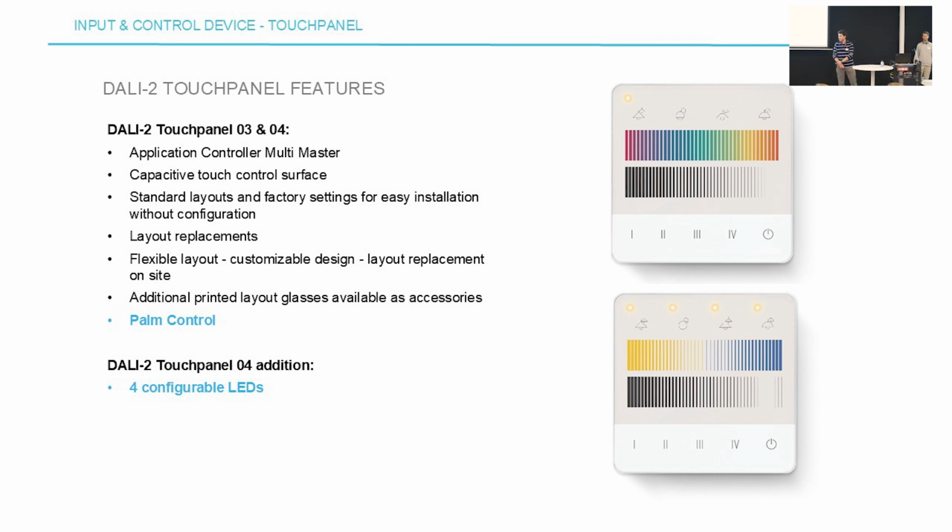So you can just install them and you're ready to go for simple broadcast control. The layouts can be replaced on site itself. And it is highly flexible, so you can configure and customize it on site itself.